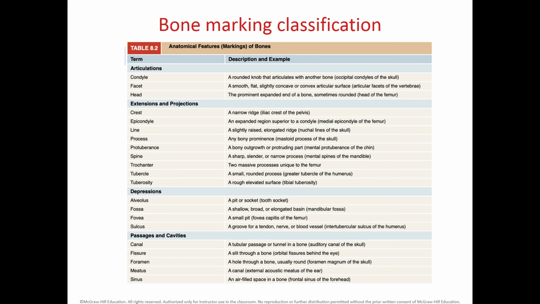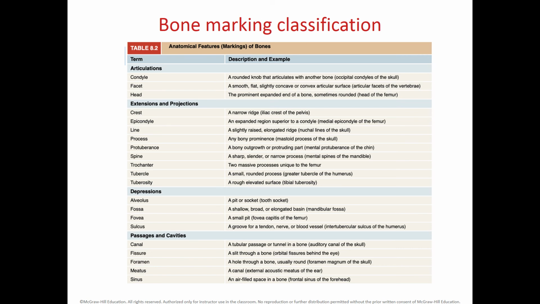We have an epicondyle, which is a raised area above a condyle, these rounded knobs that make articulations. We have lines, which are similar to crests, but these are slightly raised, so they are much thinner, elongated ridges.